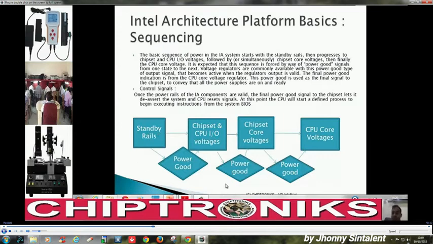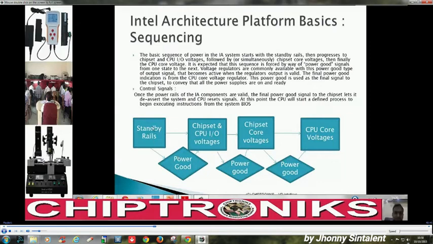concept. This is the basic concept of any power sequence of any notebook motherboard or any Intel architecture. Intel architecture stands for desktop motherboard, Intel motherboard, or Intel mobile phones. Any Intel architecture will have this same power sequence.